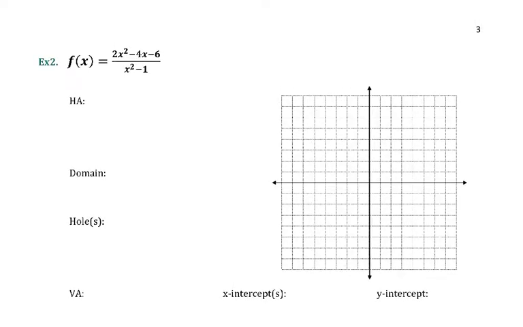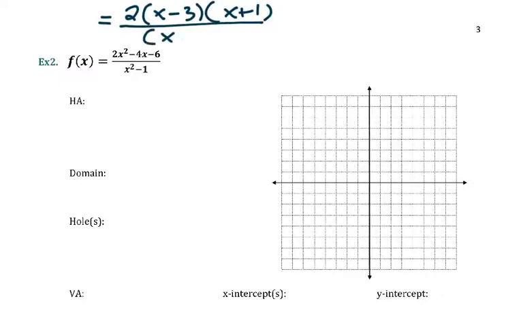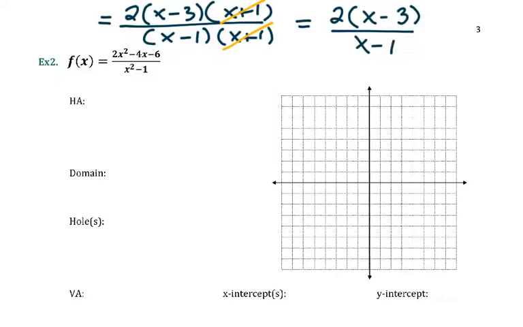In this case, my numerator factors, and I end up with 2(x minus 3)(x plus 1) over (x minus 1)(x plus 1). And so you can see that we're going to have something that reduces, and we'll think about that later, but my rational function is going to turn into (2x minus 3) over (x minus 1).